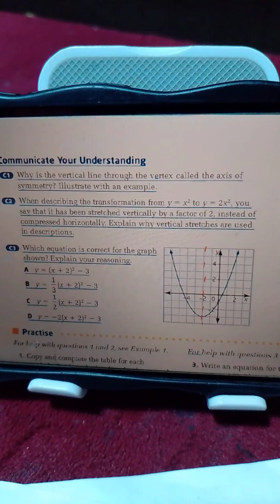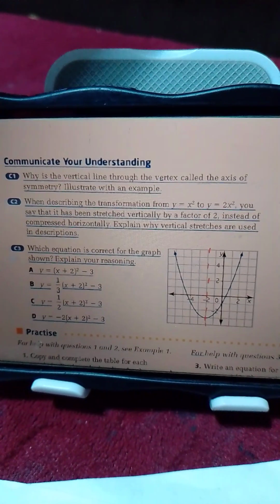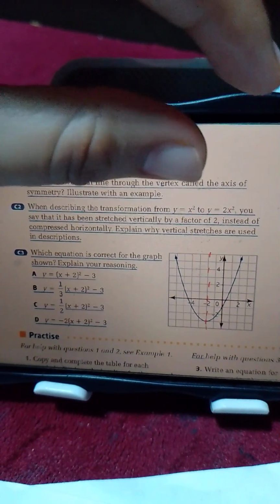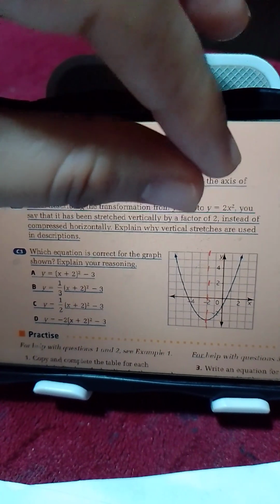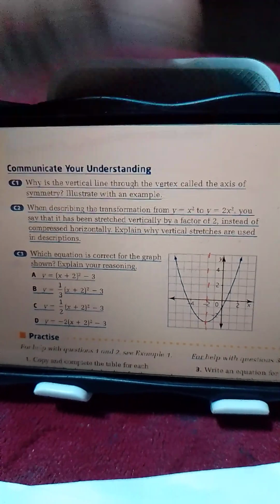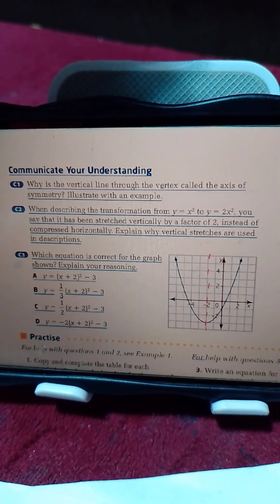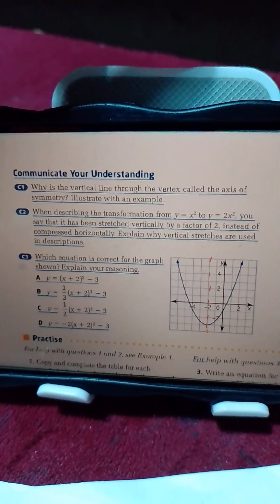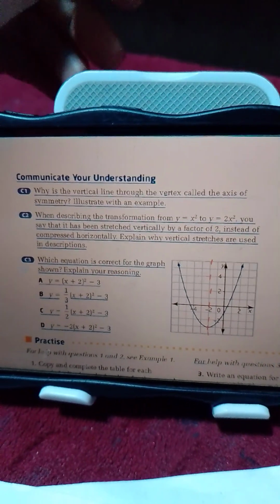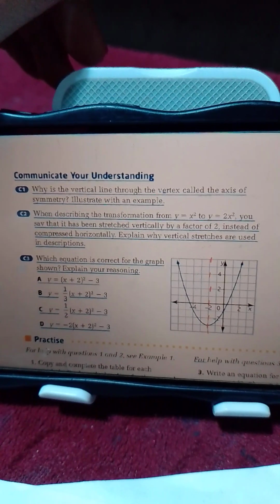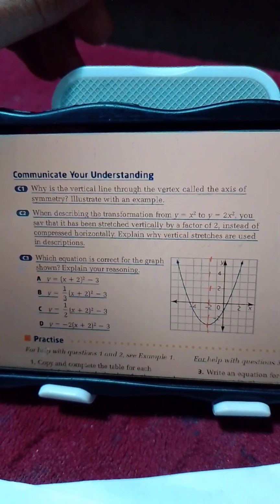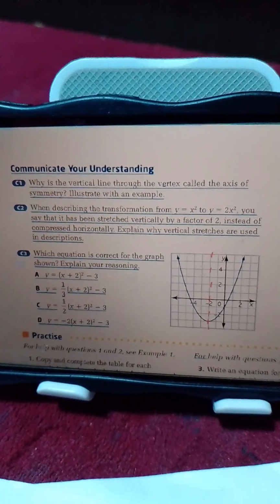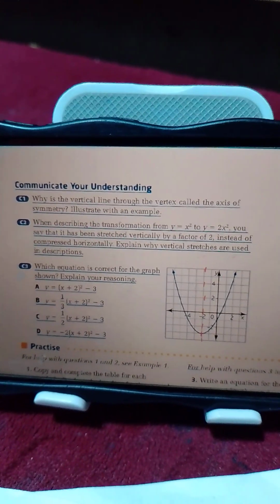Vertical stretches are used because the x has the second degree, so it is important to describe the transformation based on the vertical stretching.